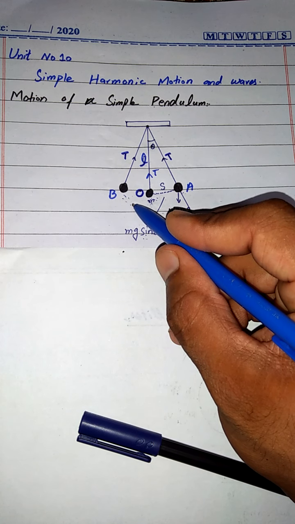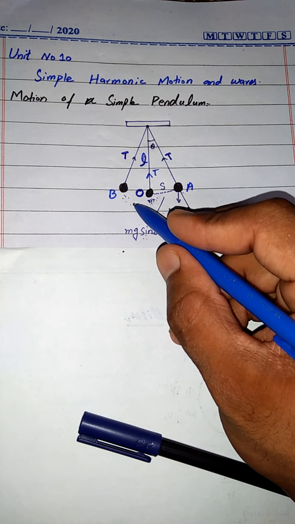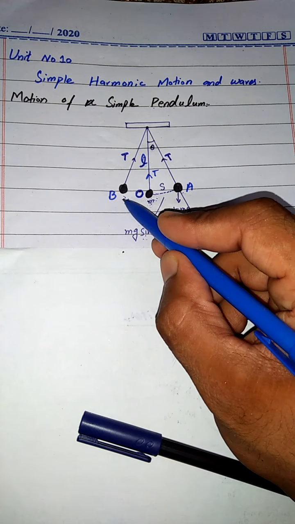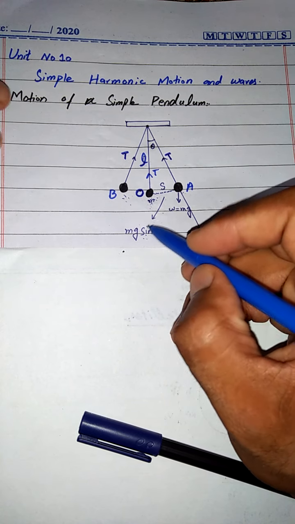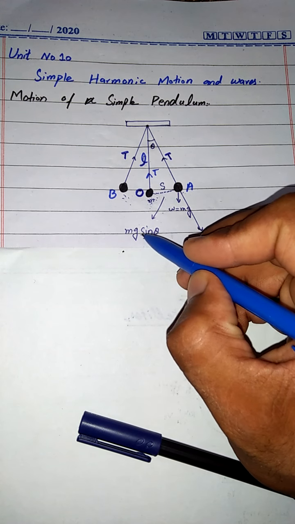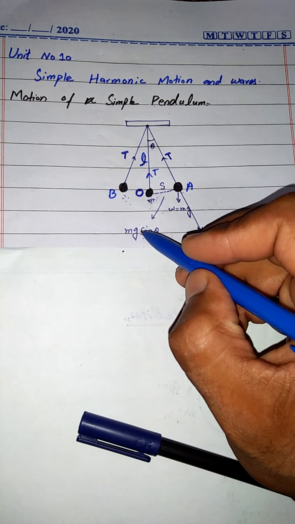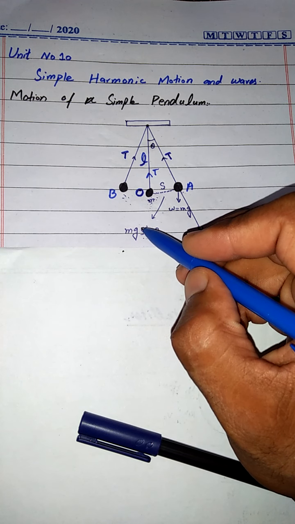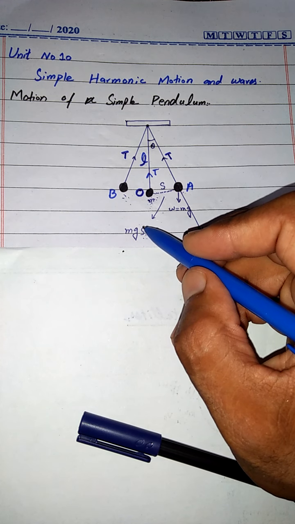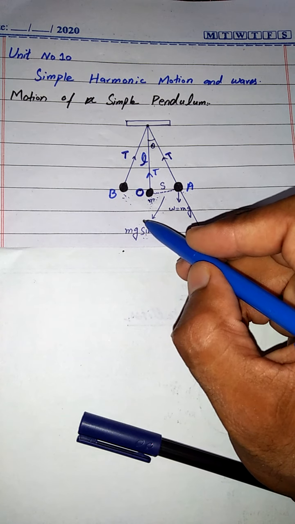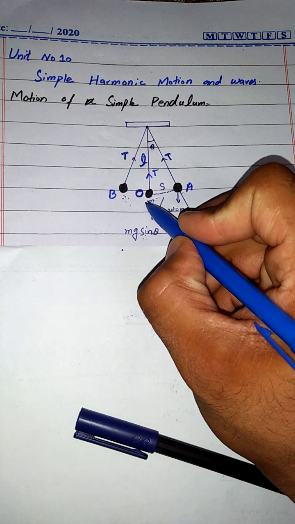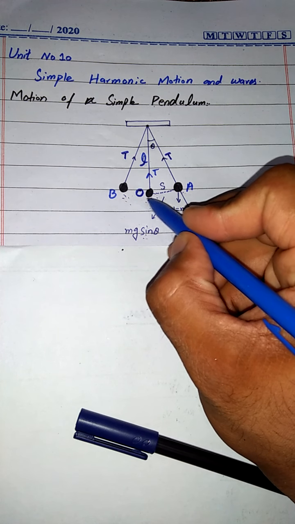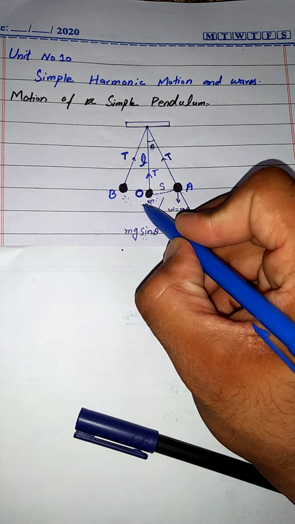The velocity of the bob becomes 0 as it reaches point B. Here the restoring force mg sin theta still acts towards the mean position O, and due to this force the bob again starts moving towards O. In this way, the bob continues its to and fro motion about its mean position O.